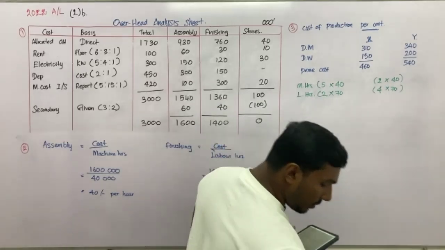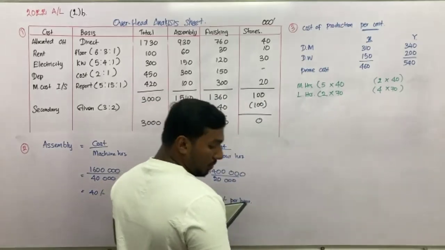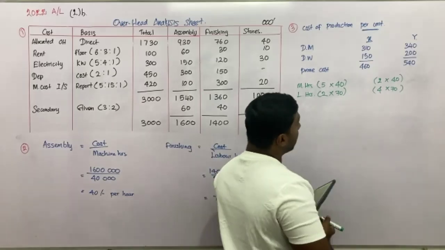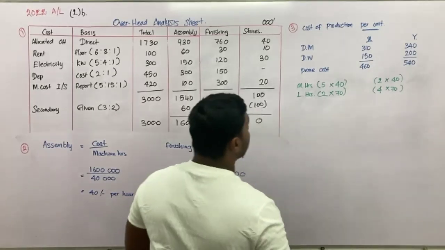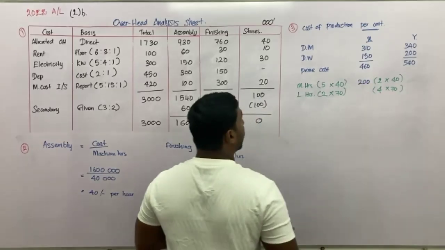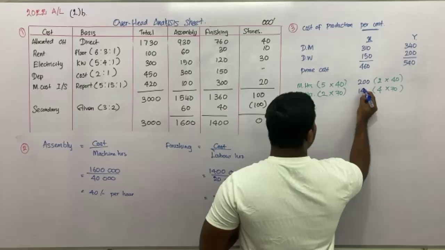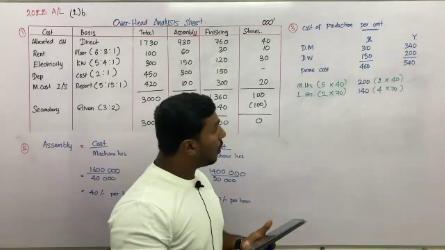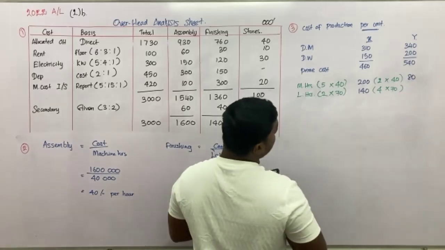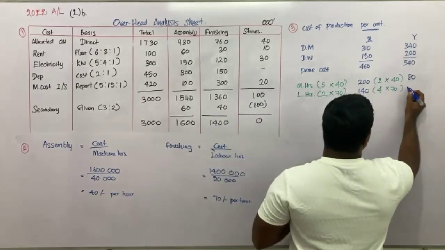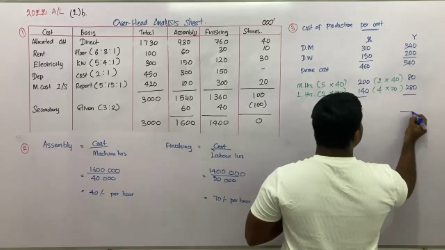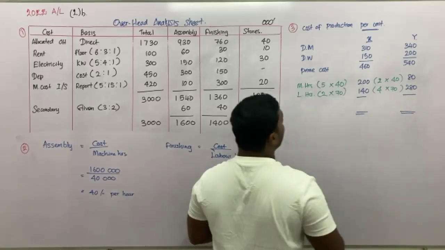Okay. After that the numbers will be 200 total machine hours, 140 total labor hours. Okay. 80 here, 280. Okay.